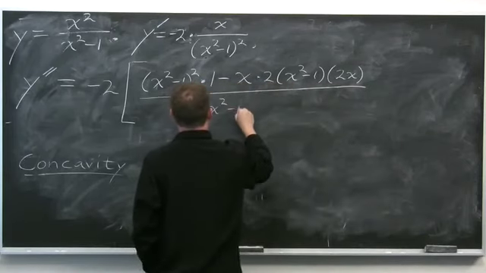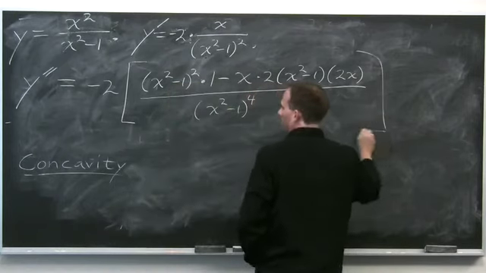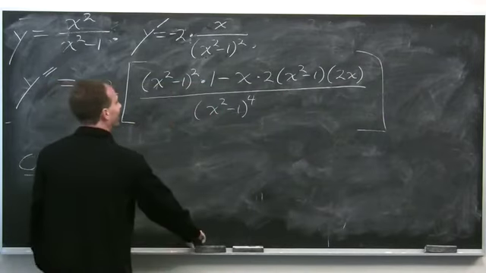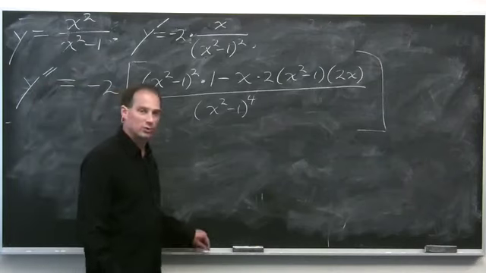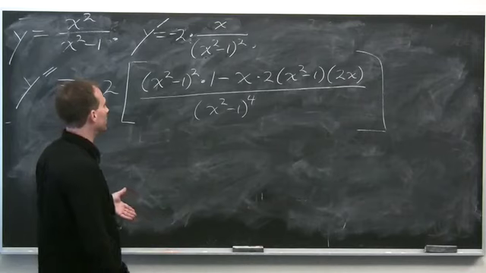So x squared minus 1 squared squared, so to the 4th. This is horrible. We need to simplify this because we want to be able to tell where it's positive and where it's negative.